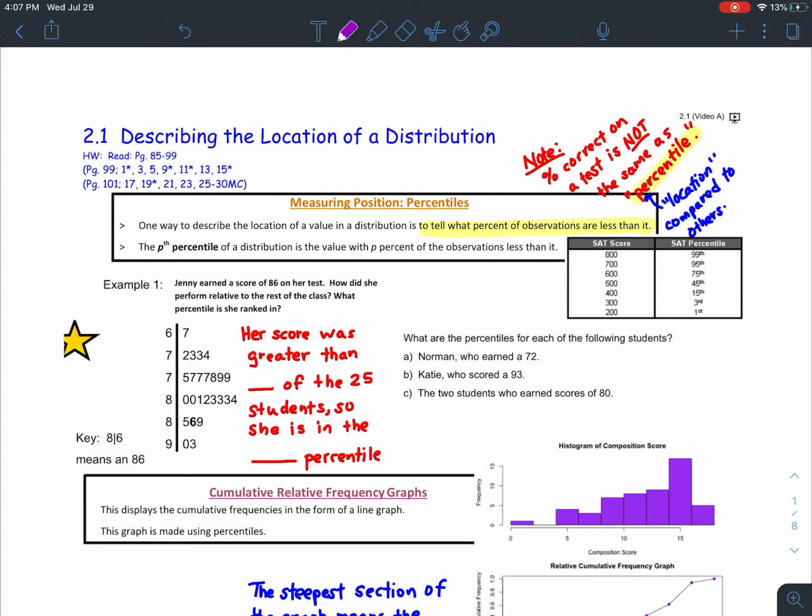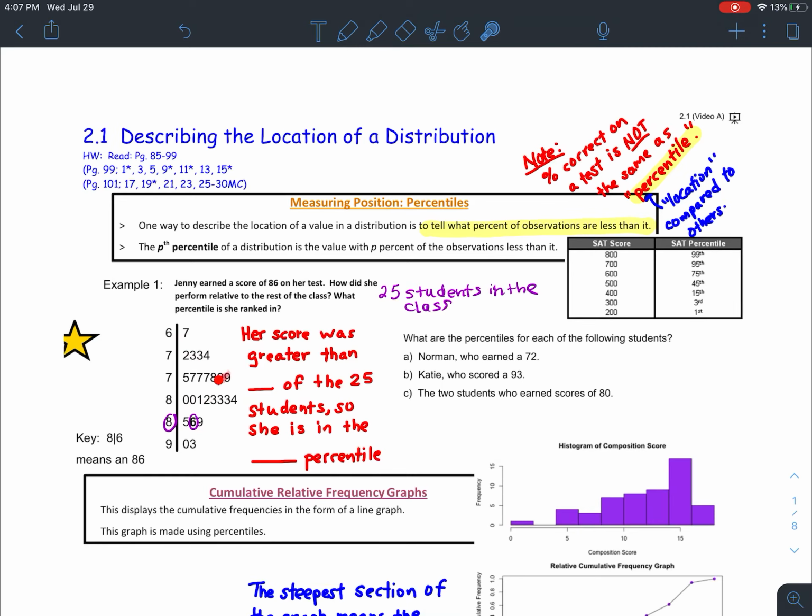That means Jenny's score, I have it bolded a little bit, is right there, the 86. If you were to count the number of leaves over here, the number of digits, we would discover that there are 25 students in the class. And so what we're going to do is figure out Jenny's score is greater than how many of these students' scores.